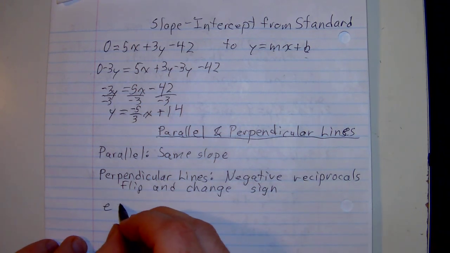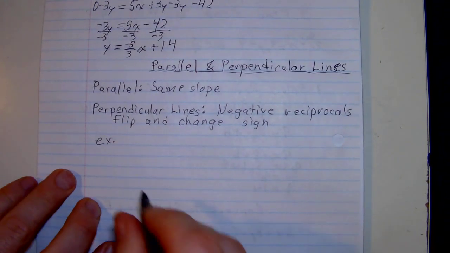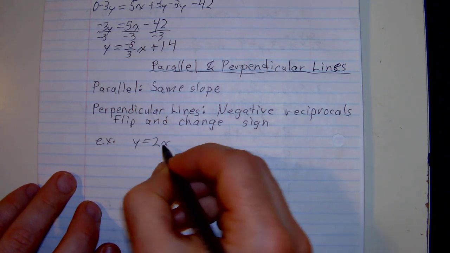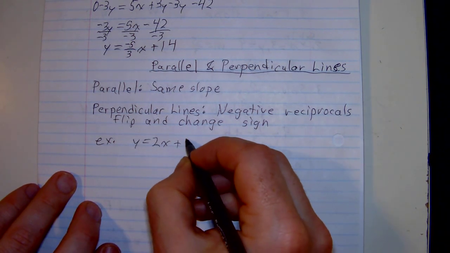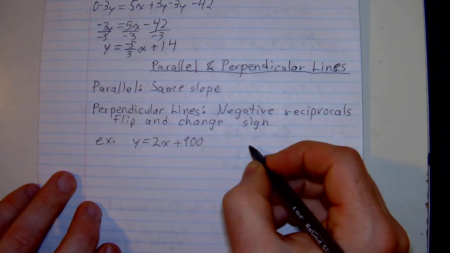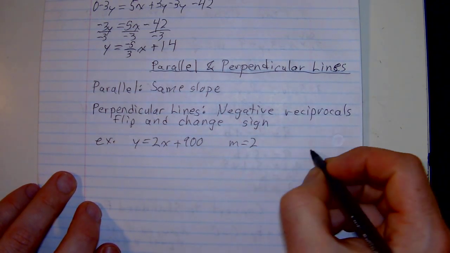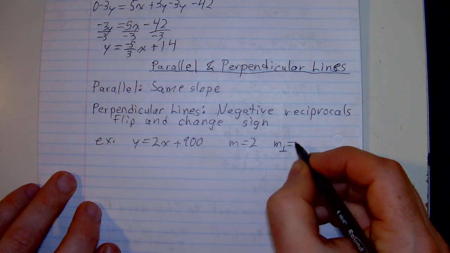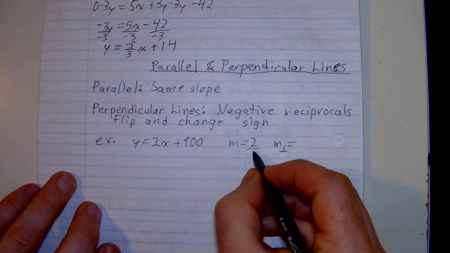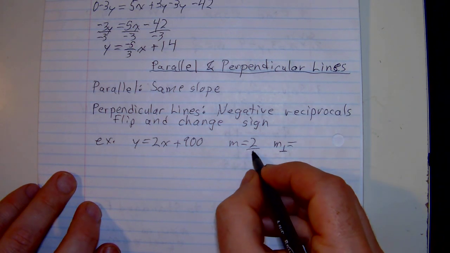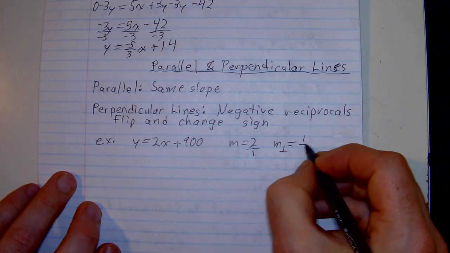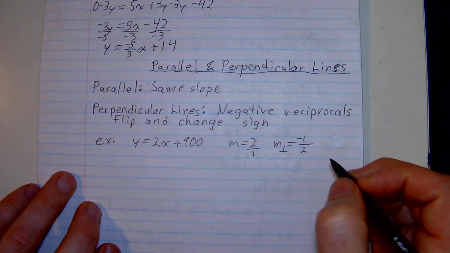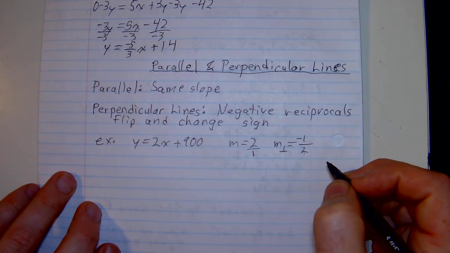So I'm going to give you some examples. So if we have, say, y equals 2x plus 900, m equals 2, the perpendicular slope is going to be, well, 2 is like 2 over 1 as a fraction. If I flip that fraction, I'm going to get 1 over 2, and then I have to change the sign. So it's positive, I'm going to make it negative.